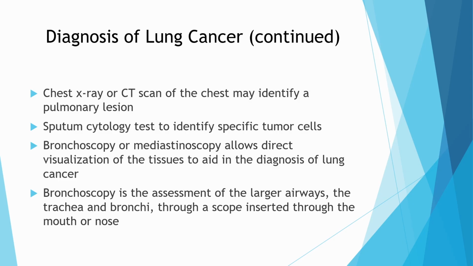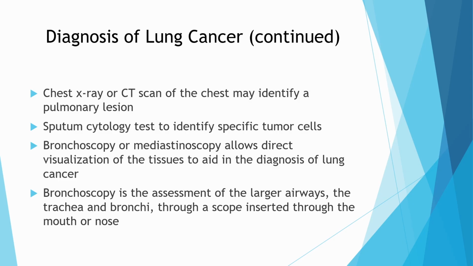Chest x-ray or CT scan of the chest may identify a pulmonary lesion, sputum for cytology to identify specific tumor cells. Bronchoscopy or mediastinoscopy will allow direct visualization of the tissues to aid in the diagnosis of lung cancer.